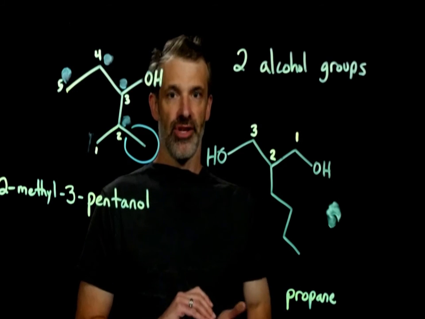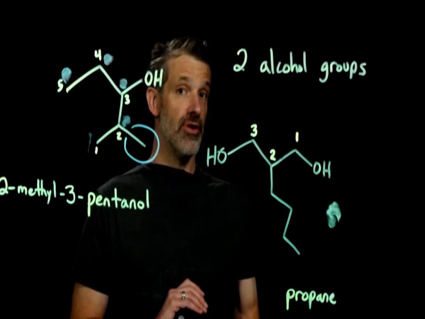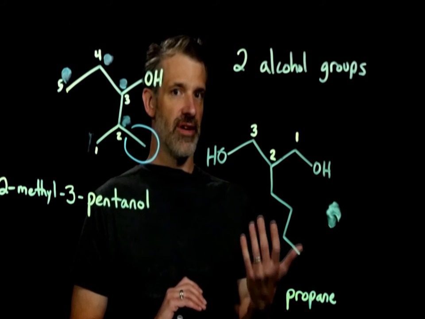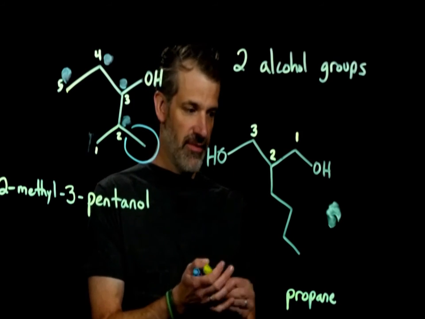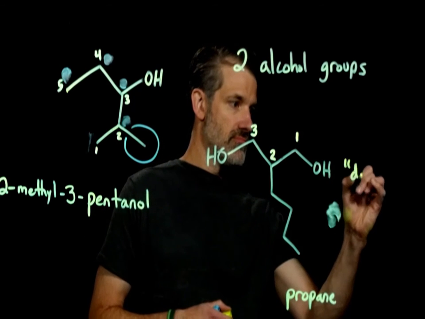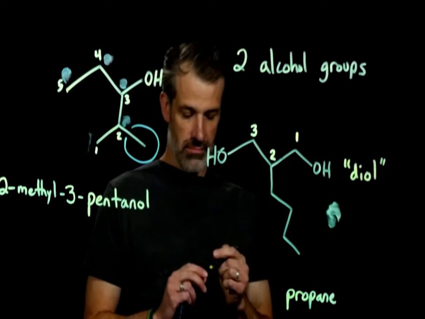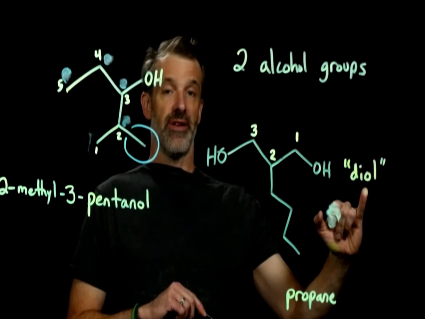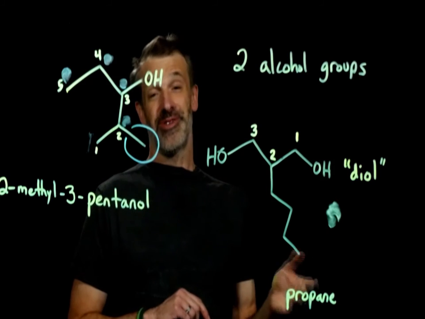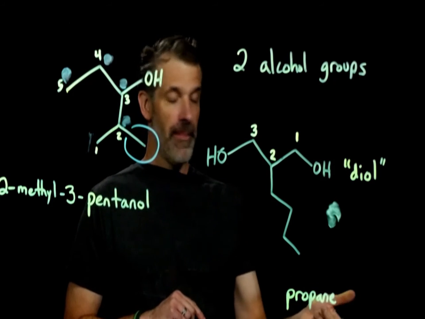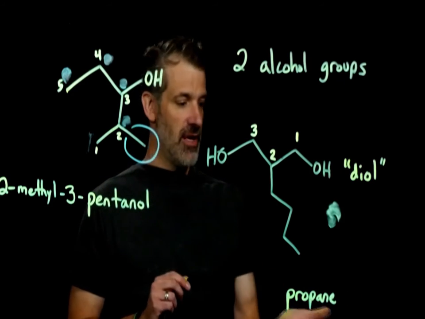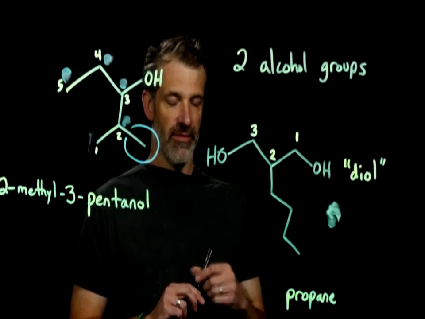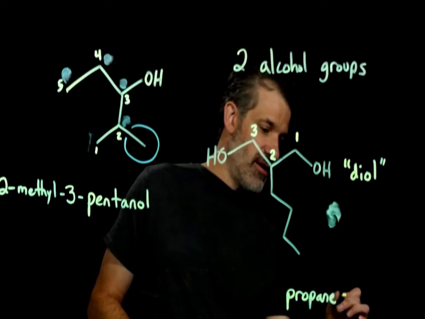Here, with 2 alcohol groups, known as diol, for 2 alcohols, we take the suffix "ol" and just add a di in front of it. Here, we are going to add this diol suffix after the parent name of propane. And with regards to propane, there is no change that's needed for a diol. We just say propane diol.